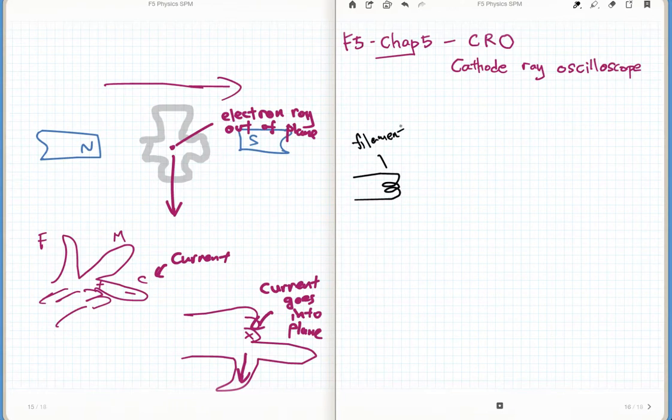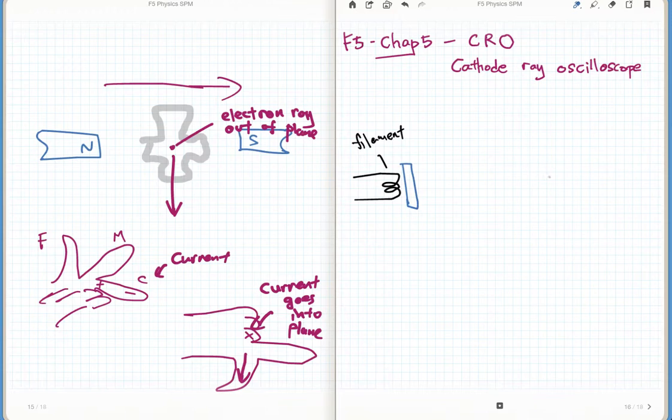So hot that the temperature increases, and then they will have a piece of metal. This metal is being heated up by this filament, and this metal is subject to really high potential.